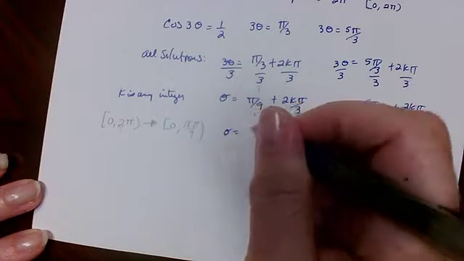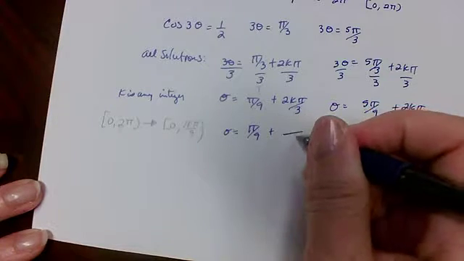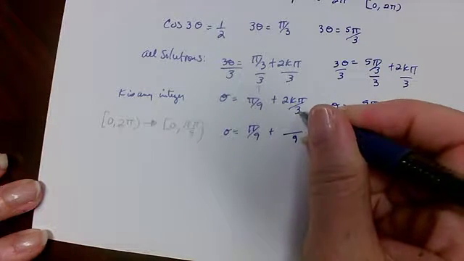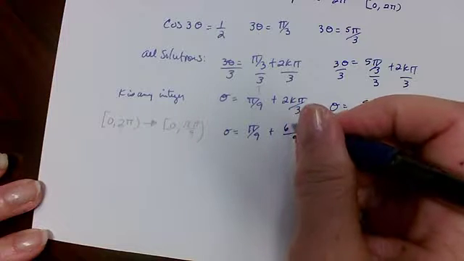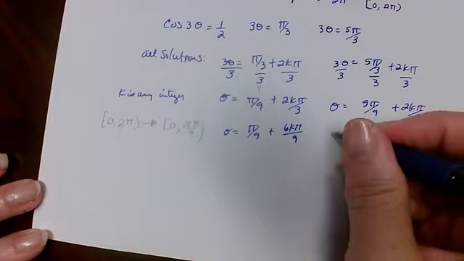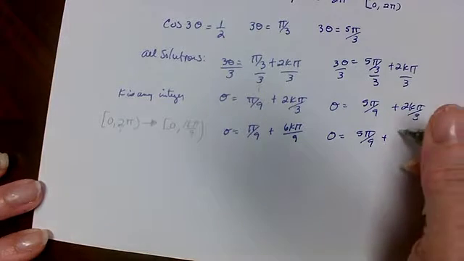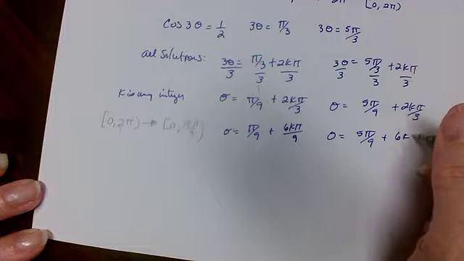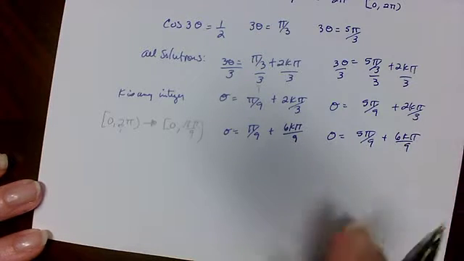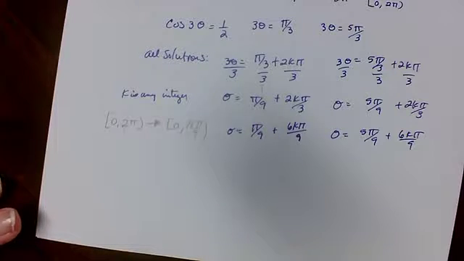So theta will equal pi over 9 plus, I want to get this to 9, so I'm multiplying by 3, so I multiply the top by 3. So 6k pi over 9. And this one will become theta is equal to 5 pi over 9 plus 6k pi over 9. That way we've got common denominators. It'll make it easier as we add.